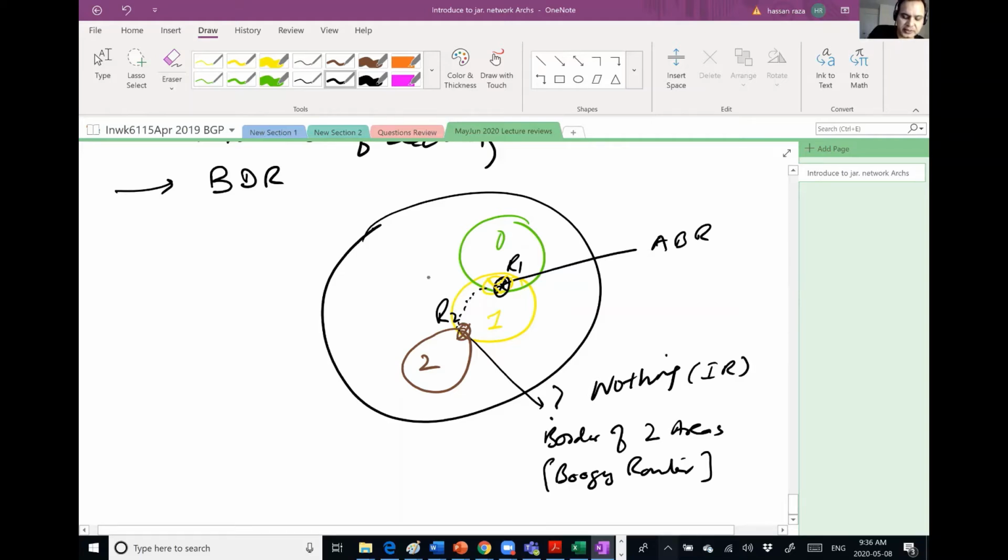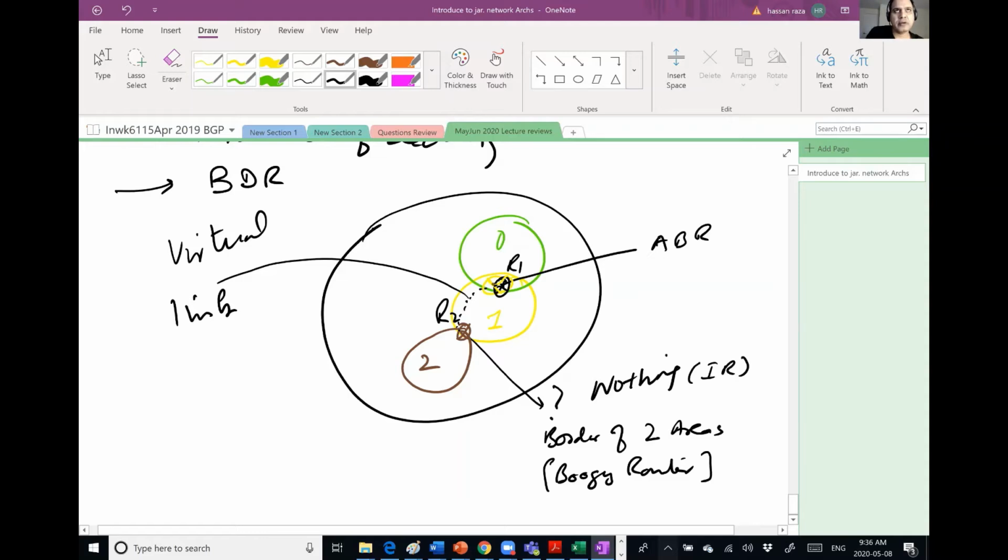I call this dotted line a virtual link. So virtually, you have to declare a neighborhood between this router R2 and R1.